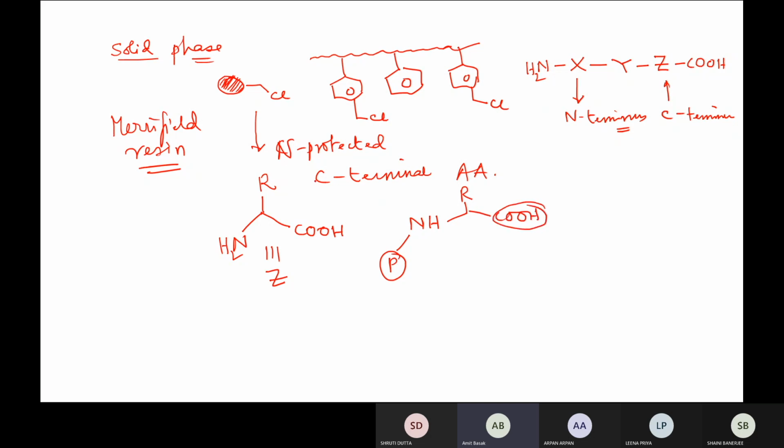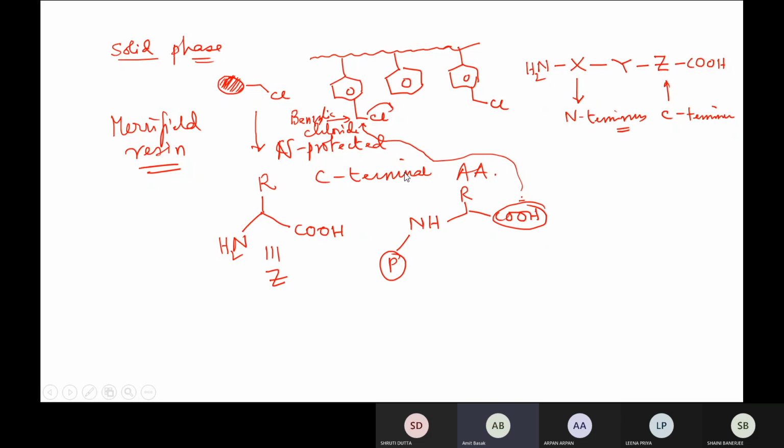This is a very reactive halogen because it is a benzylic chloride, which is extremely reactive to SN2 displacement. So the carboxylate anion, if you can generate it, will come and attack this carbon, and the chloride goes out.